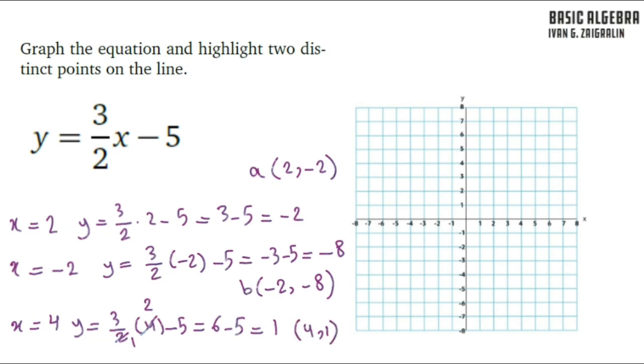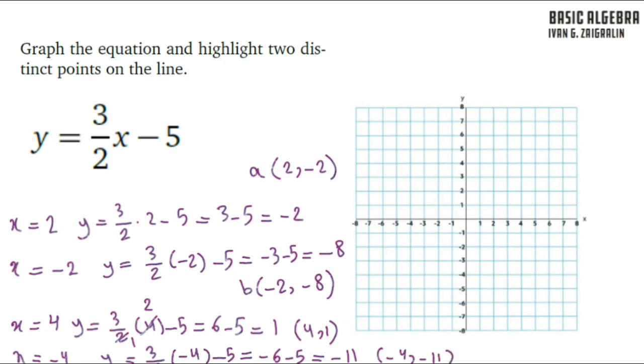And x equals negative 4, y equals 3 over 2 times negative 4 minus 5, which equals negative 6 minus 5, and the result is negative 11. And negative 4 and negative 11 is another point.